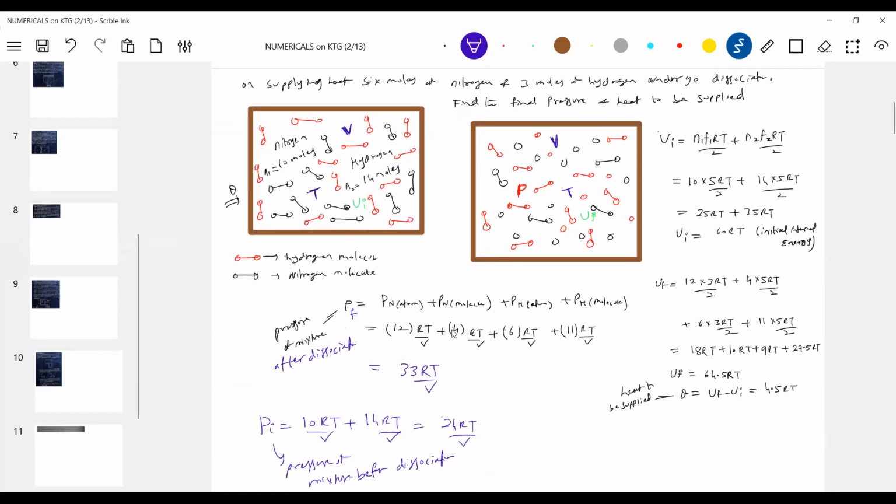You have a numerical in front of you itself. What will happen to the rate of collisions? You have a formula, take help of that. What will happen to the RMS speed of the molecules? The RMS speed of nitrogen and hydrogen molecules will remain the same. Temperature will not change.